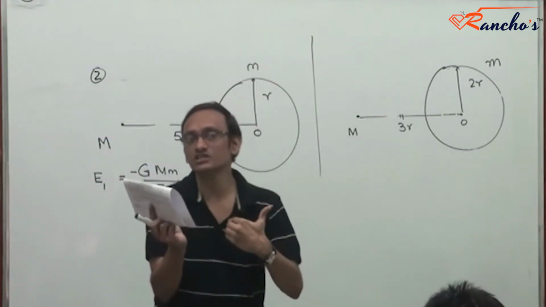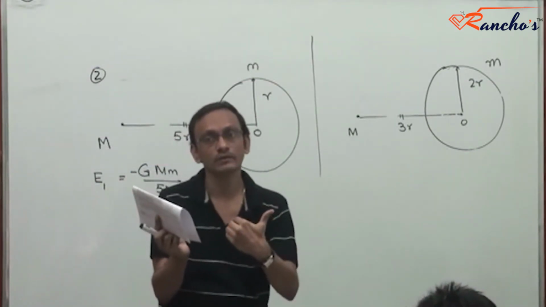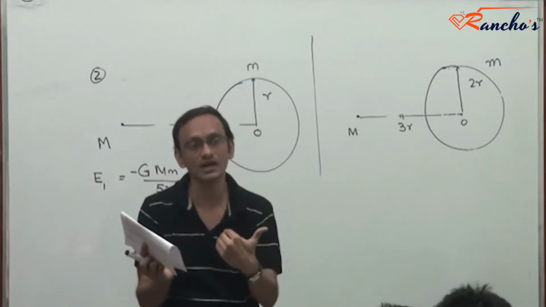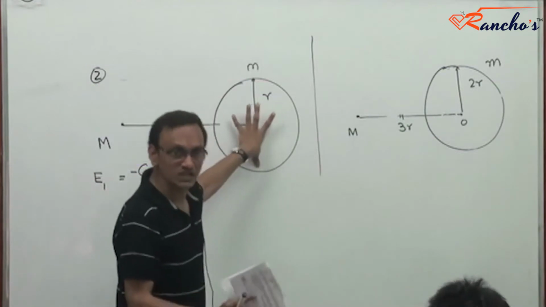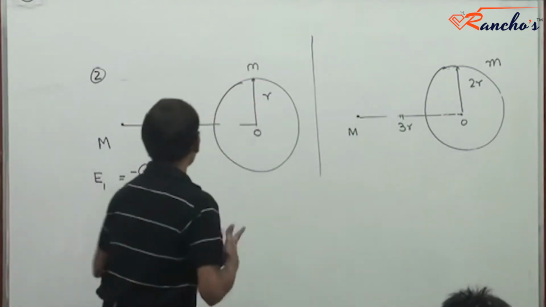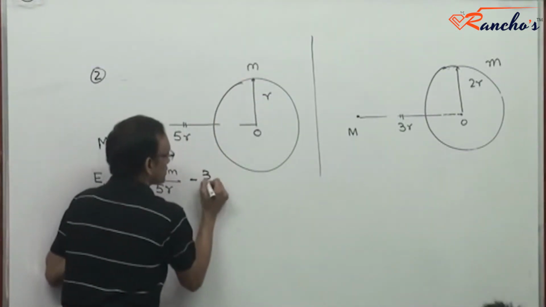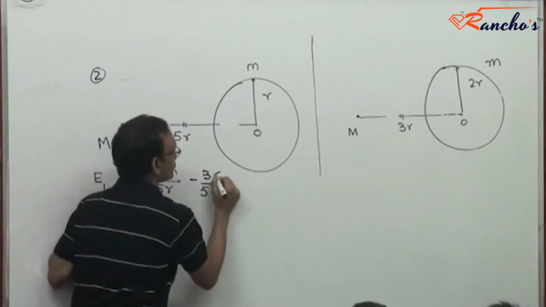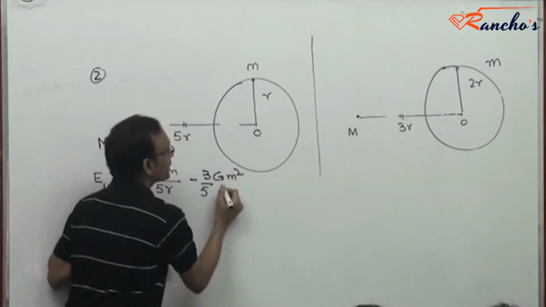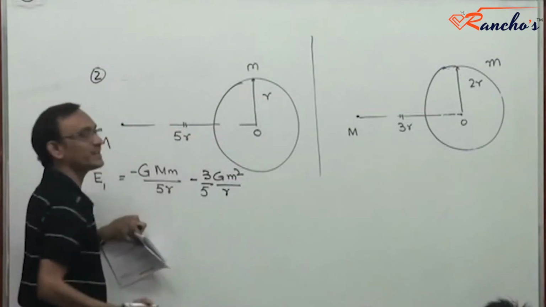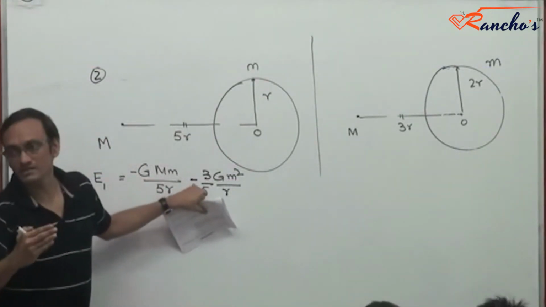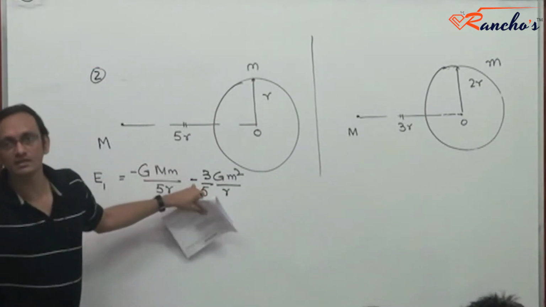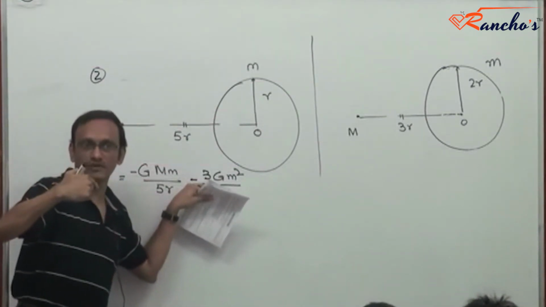So in this case, instead of k you have G, instead of the plus sign you will have the minus sign, and instead of the charge you will have the mass. So the self energy of this is going to be minus 3/5 G small m squared by the radius r. Realize that there is a minus. Wherever you see a plus in electrostatics, you will see a minus here in gravitation.